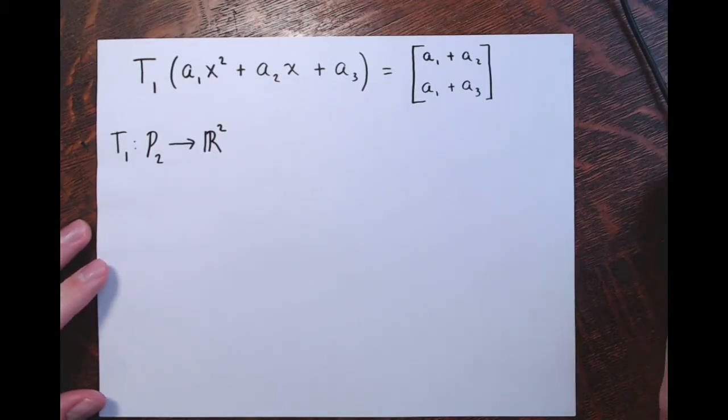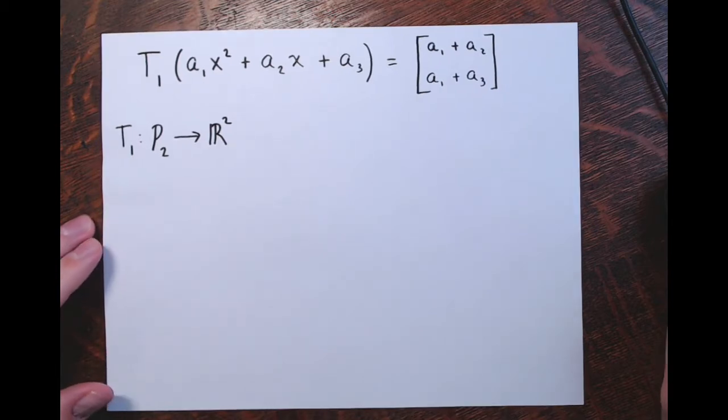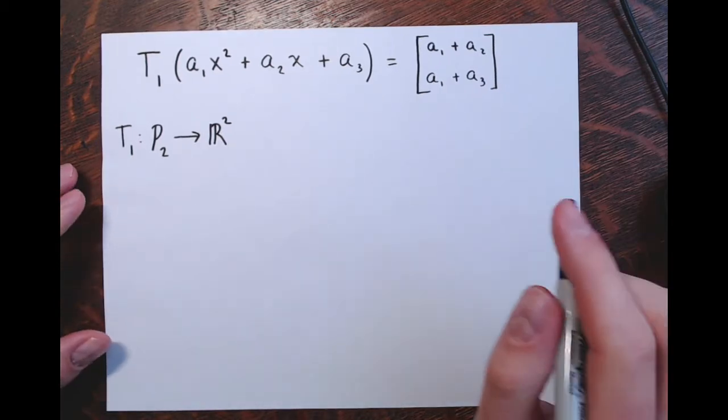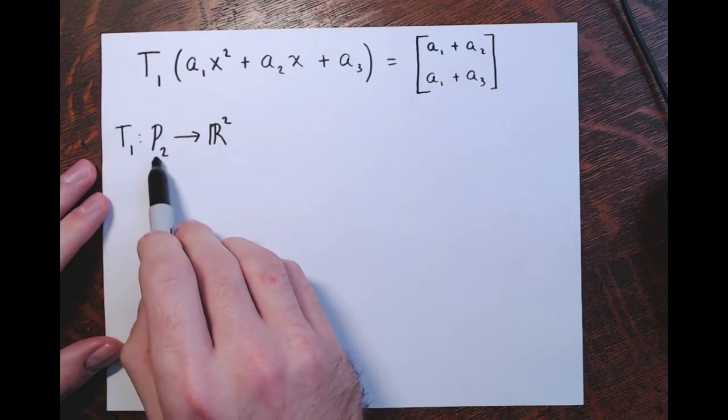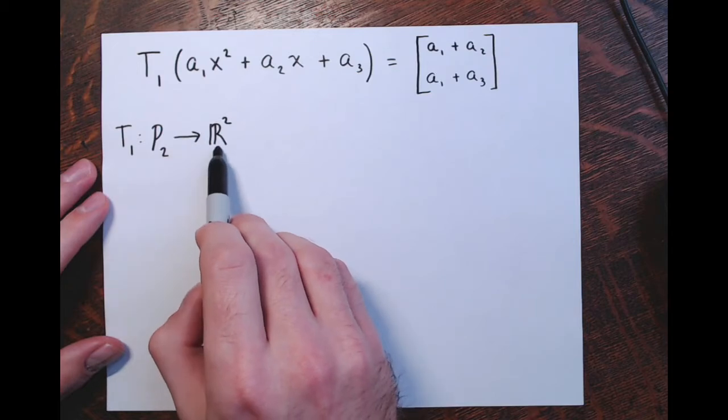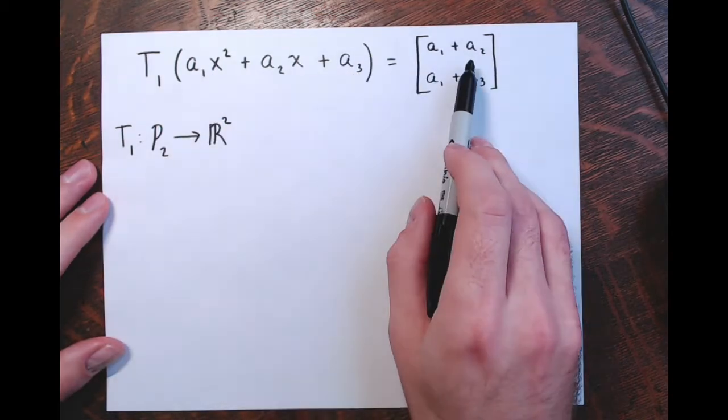All right, so here's the transformation given to us in the first example in that activity. It's called T1, and your input is a polynomial of degree 2 or less. Your output is going to be some vector with 2 components, and they describe how that works up here.